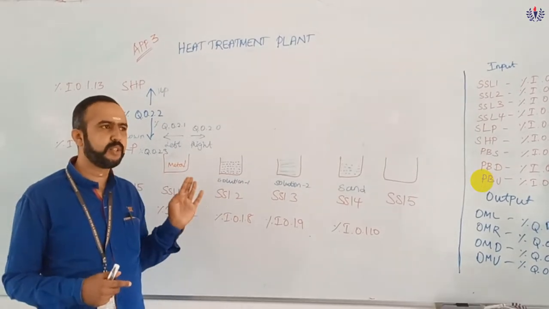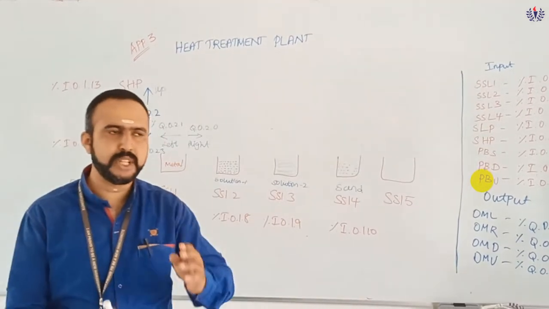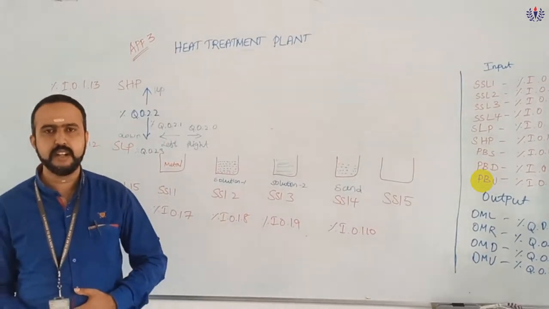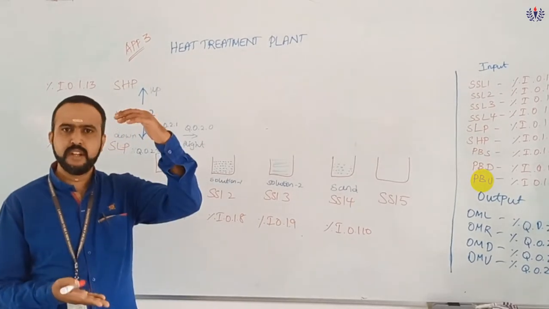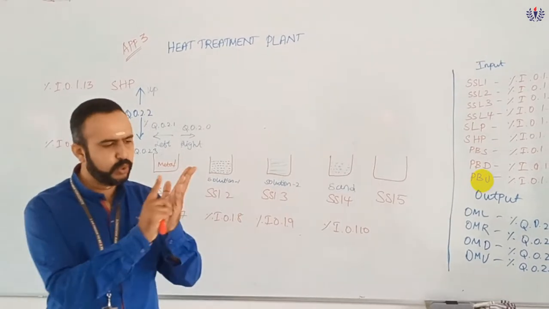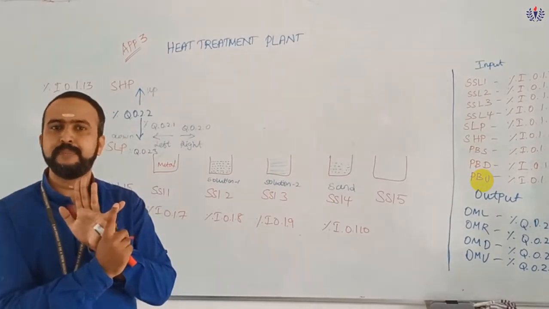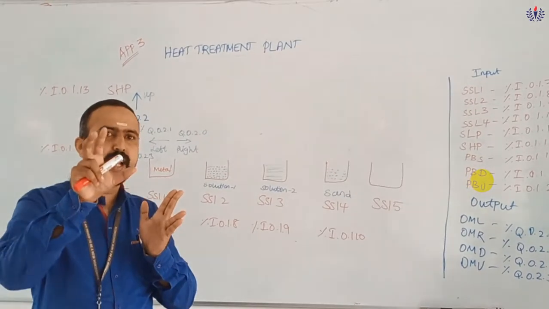So I am not going to stop the process, and I don't want to change the program. I also want to reduce the steps. In the previous case, where we did the first application, there were almost 15 steps in the SFC. I want to reduce it in order to save memory. Why do I want to reduce it? Two reasons: one is saving memory, and the second is saving time.